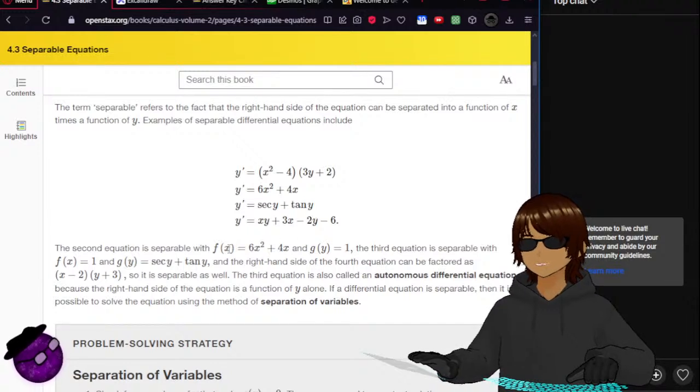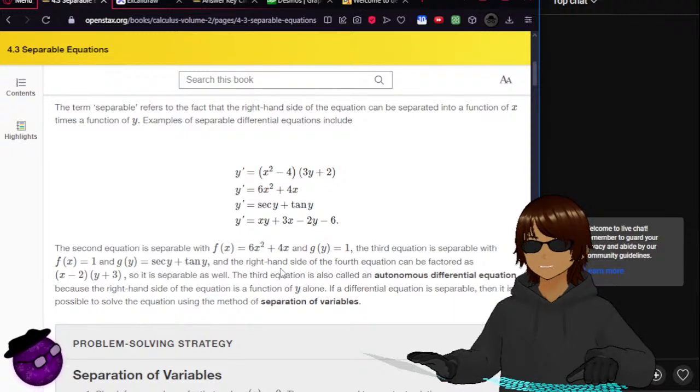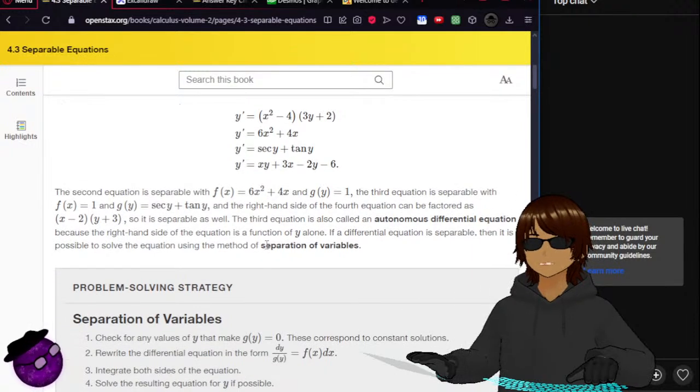The second equation is separable with f of x equal to 6x squared plus 4x and g of y is 1. The third equation is also called an autonomous differential equation because the right hand side of the equation is a function of y alone.